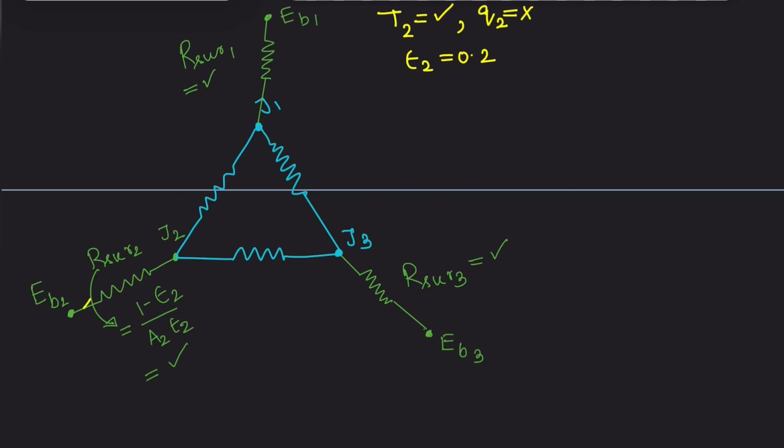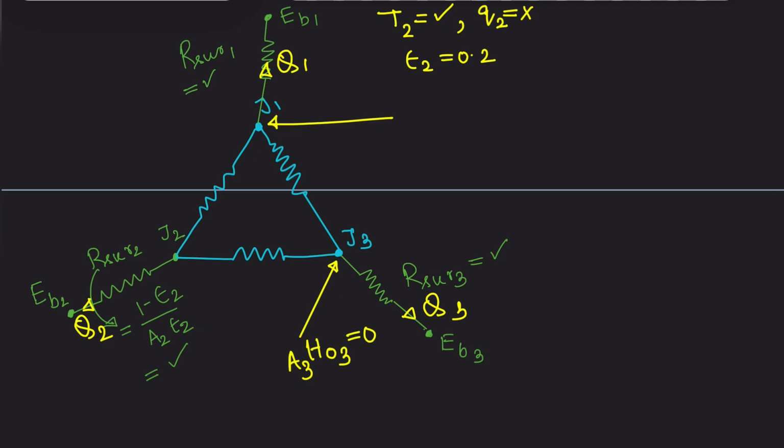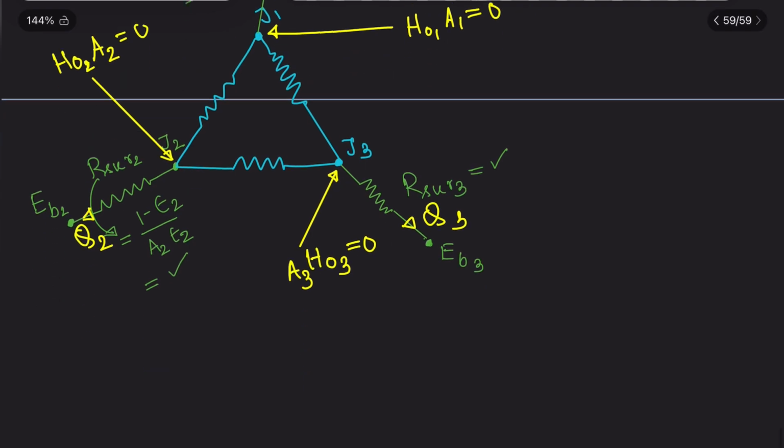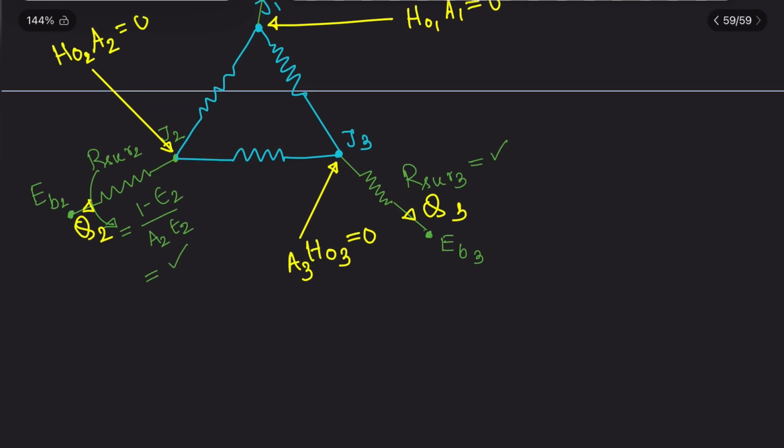I need to draw this as Q2, this as Q3, this as Q1, and also I need to draw this HO3, A3, this is equal to 0, HO1, A1, this is again equal to 0, and we are very lucky to get this also equal to 0. Fine. So you need to find EB1.